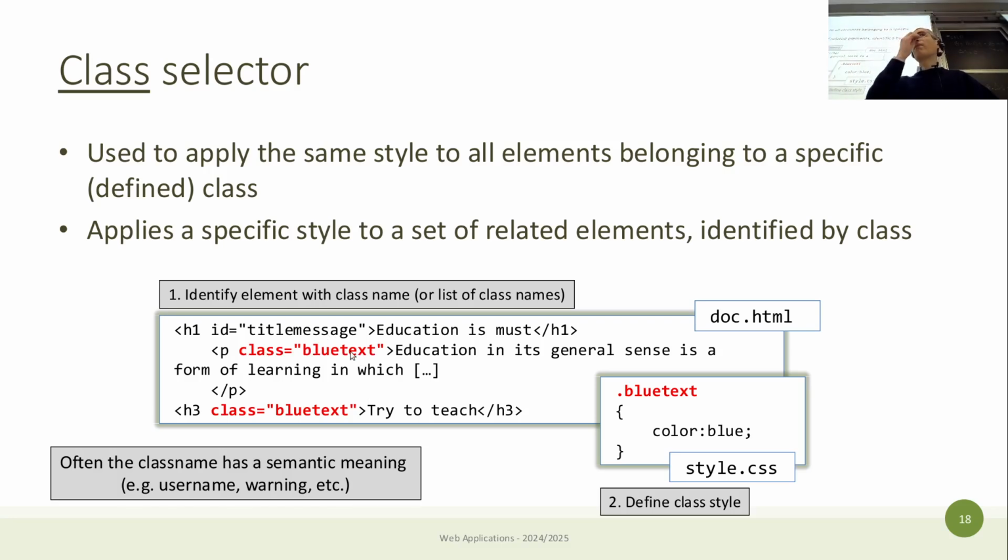Like, let's say blue text, and these elements will be blue, and the other ones will not. They will have the default color that is inherited from the body. If I didn't specify anything, probably the browser has black color, but I don't know.